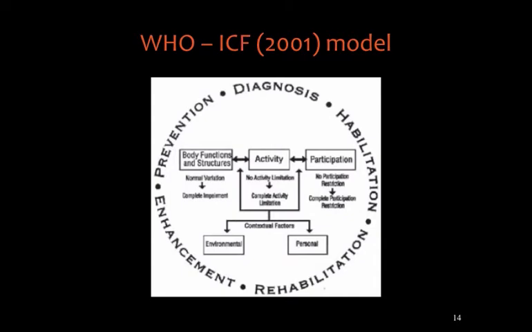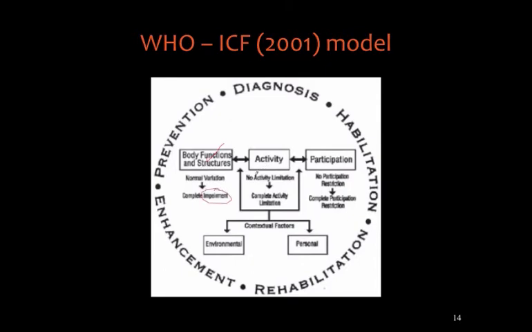They have the ICD, the International Classification of Disease, but that's not one we're interested in here. And on this particular slide, you can see more or less the relationships between some of these things. So here we have body structure and function. Where's my pen? There it is. And so the inability to have complete body structure and function then turns out to be impairment.